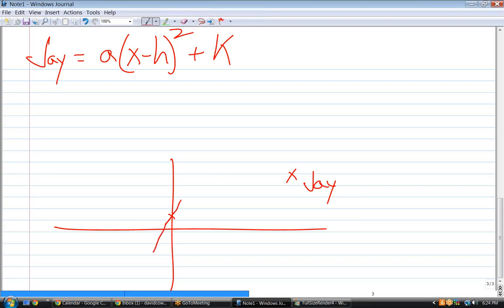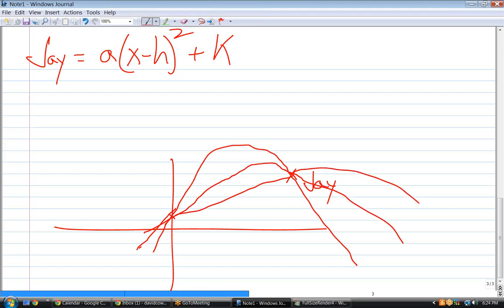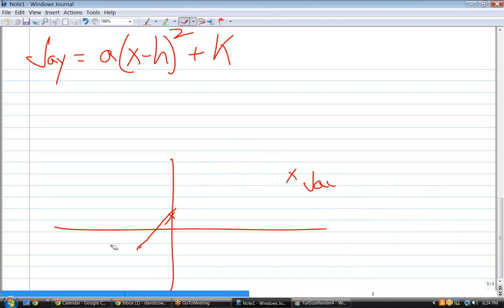I could draw this kind of parabola, that kind of parabola. I could even have a vertex going right there and draw that kind of parabola. So from 2 points, I cannot come up with the equation of that parabola. I don't know what's going on here.